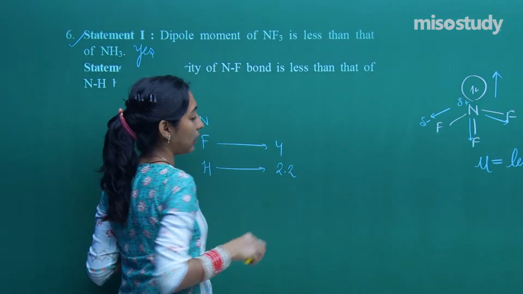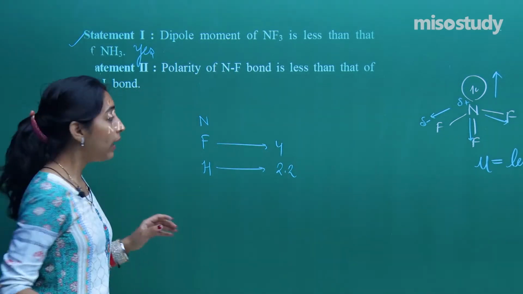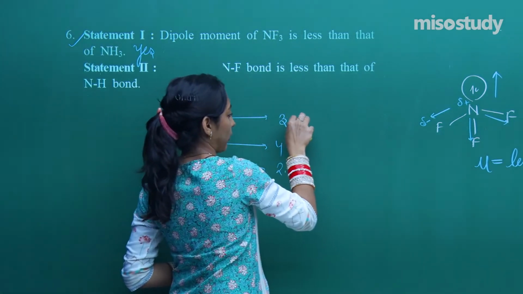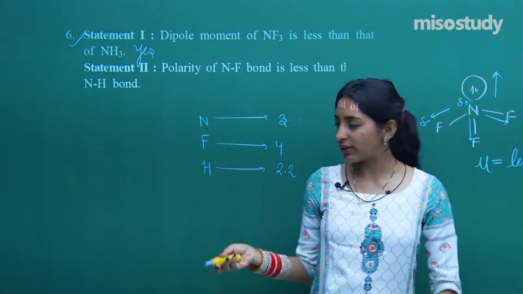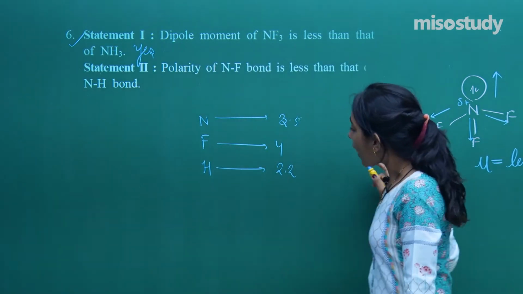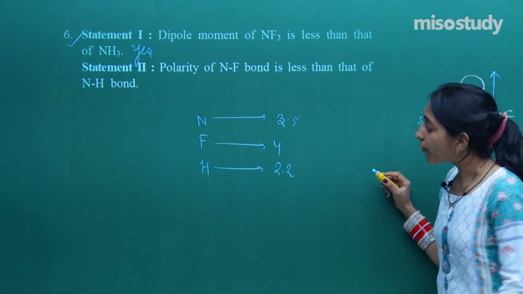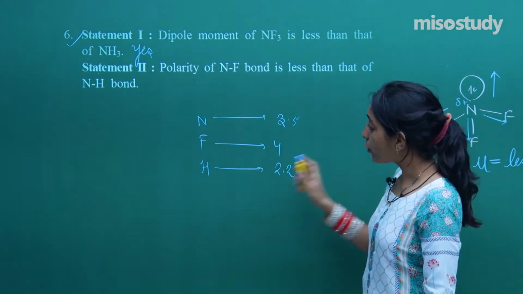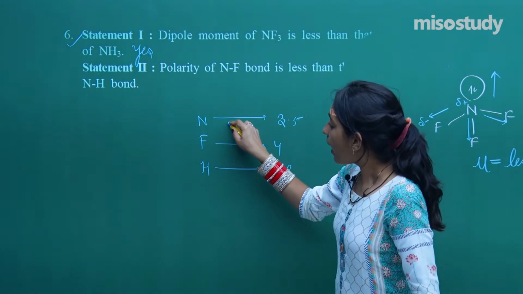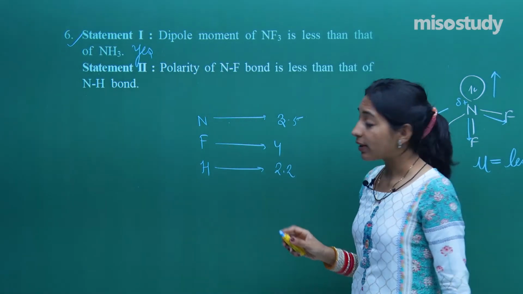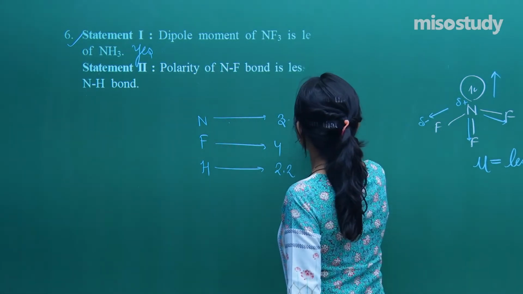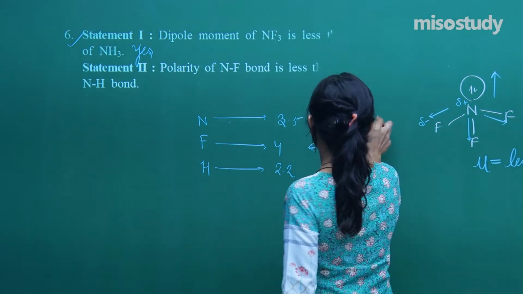Nitrogen is approximately 3.5, and fluorine is approximately 4, right? So if you figure out the difference in electronegativity of N and F, it will be 4 minus 3.5, that is 1.5.